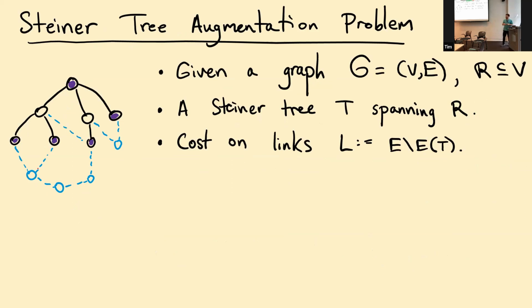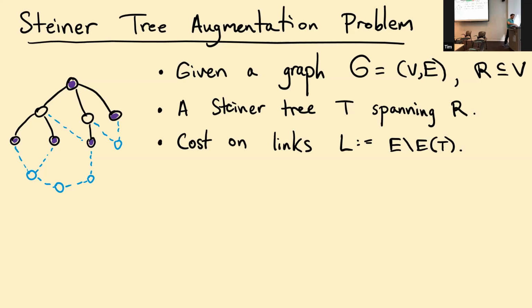It's a generalization of the tree augmentation problem, and formally we're given a graph and a subset of nodes, which I'll call terminals. These are the terminals that I need to connect up, and we're given a Steiner tree which connects the terminals. For example, if the blue nodes are terminals, the black tree is a Steiner tree on those terminals.